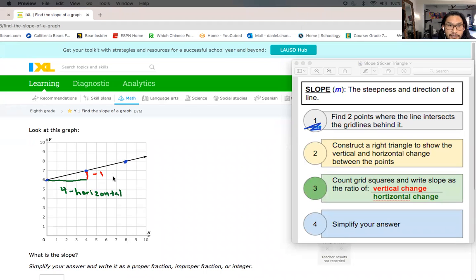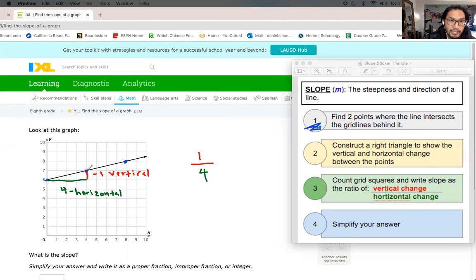So there is my slope. And again, the slope, the steepness of this line is 1/4. That means every point on this line, right? You see these little blue dots?